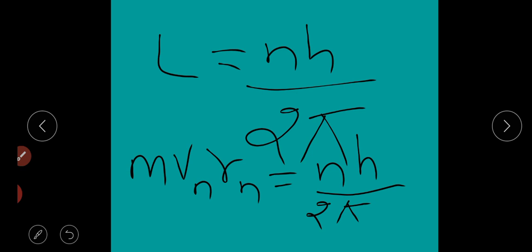This equation is said to be Bohr's quantization condition for angular momentum. The electron can revolve only in those energy levels in which its angular momentum is an integral multiple of h divided by 2 pi. So L is equal to nh divided by 2 pi. This is called Bohr's second postulate of the hydrogen atom.